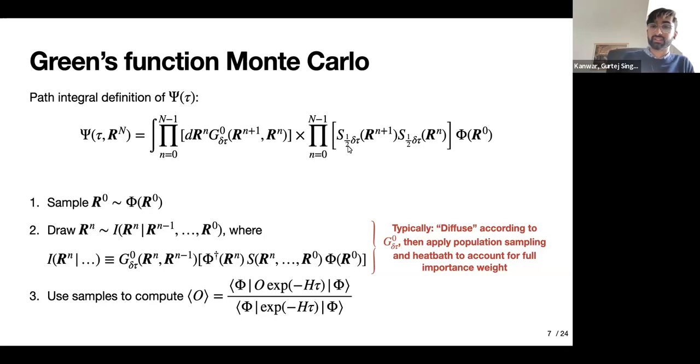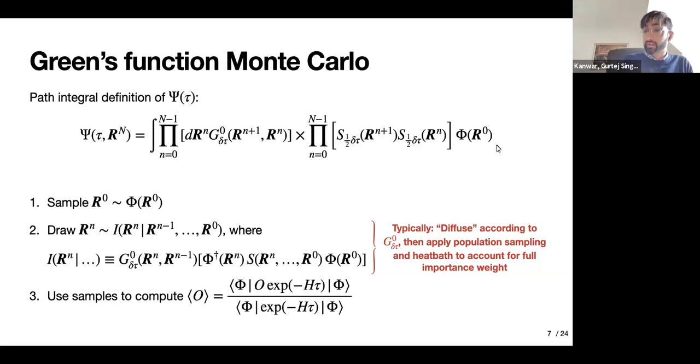So here I've collected together the potential parts of the short time evolution and the free terms, but this is in principle just n different steps of evolving by time delta t up to, again, that trotterization error. And one could try to do some kind of Markov chain simulation of this by sampling all of the coordinates on all time steps and updating them stochastically to converge to the right path integral distribution.